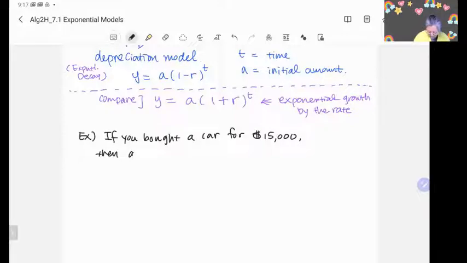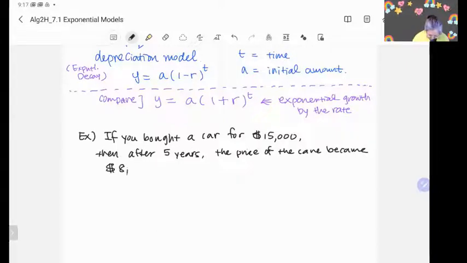Then after 5 years, the price of your car became $8,900 only.